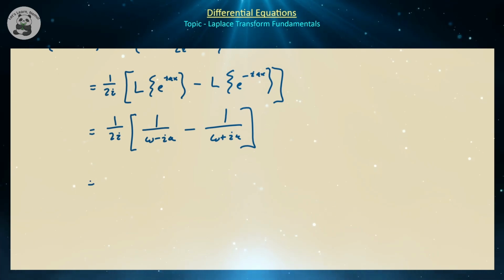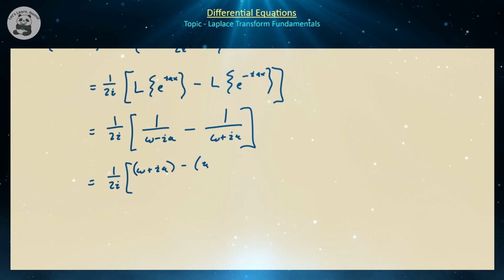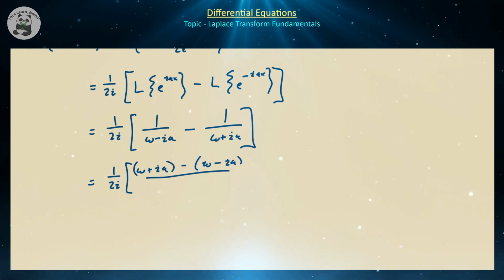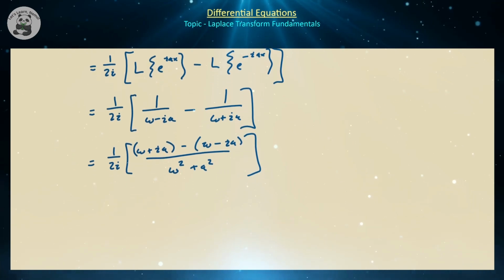We're just going to get a common denominator here. So 1 over 2i times omega plus ia minus omega minus ia, put them in parentheses just to be safe, and then omega minus ia times omega plus ia, once you FOIL and cancel out common terms, is just going to be omega squared plus a squared. Keep in mind, if you don't remember, i squared is equal to negative 1.